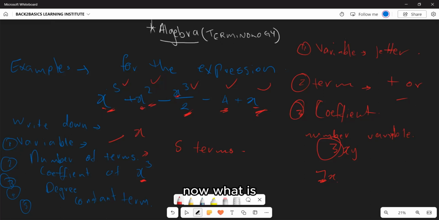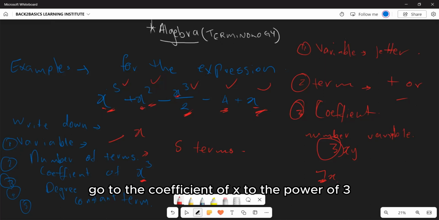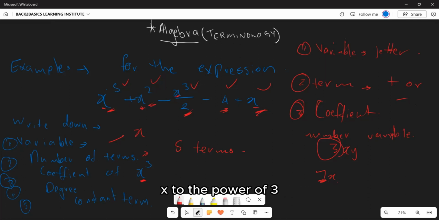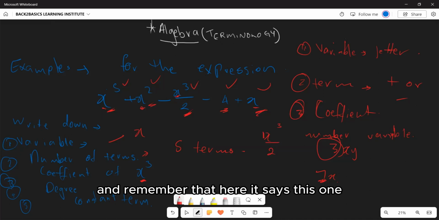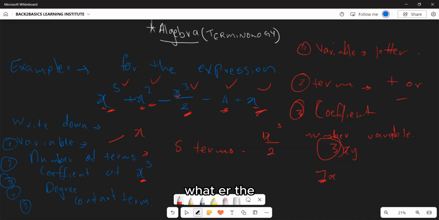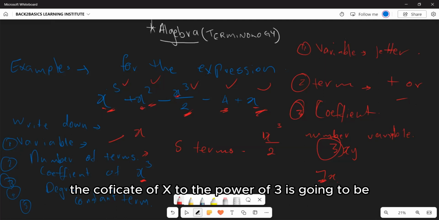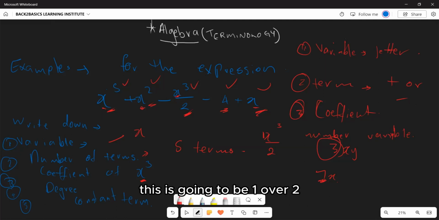So therefore, this is going to be your coefficient. Now, what is going to be the coefficient of x to the power of 3? Now, remember x to the power of 3, if we can write it here, this is x to the power of 3 over 2. And remember that here it's same as 1. So basically, the coefficient of x to the power of 3 is going to be 1 over 2.